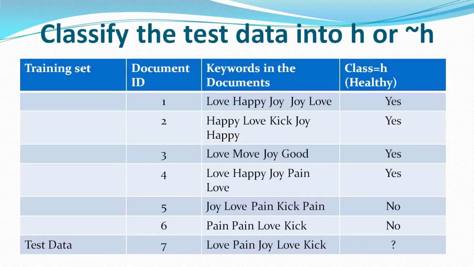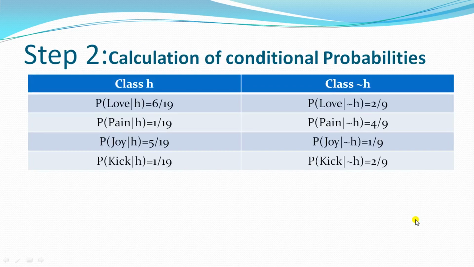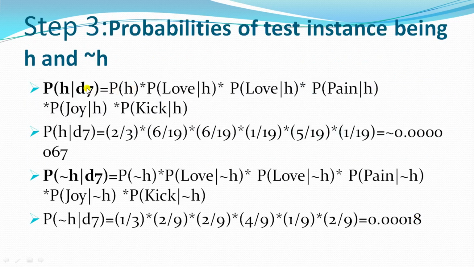Remember this formula we applied for this particular D, that is D7, to make sure which probability will be more for this particular D7. Either it may be yes or it should be no. Actually, if yes is more, obviously it will be yes. If no is more, obviously it will become no. Here, that formula was like P of H, that is prior probability, into multiplication of all probability related to class H, that is frequently occurring in this particular D7.